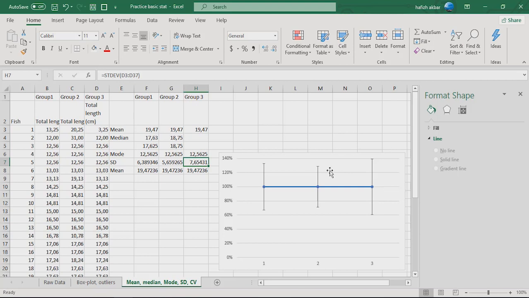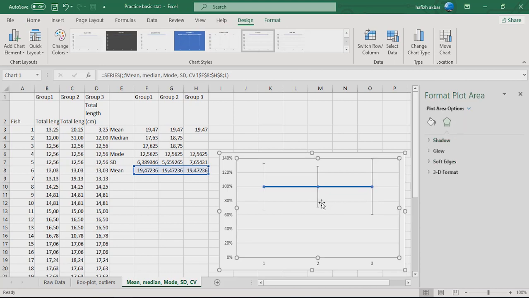Compared to that, the smaller the standard deviation you got, the less variability of your data. Okay? Small variation.